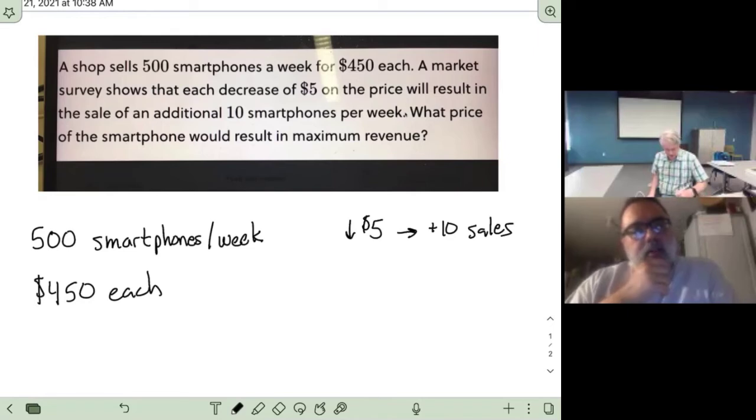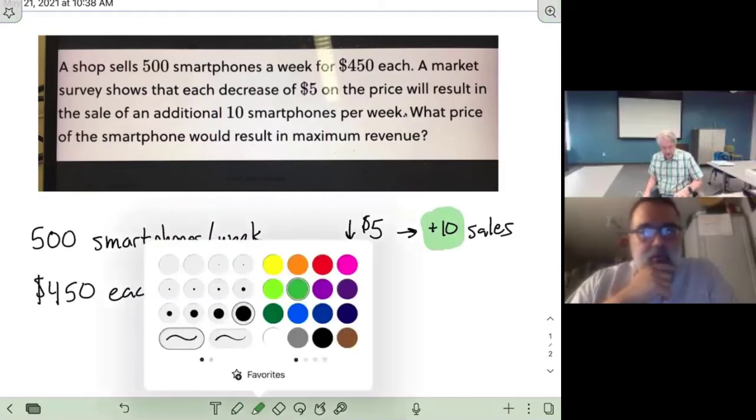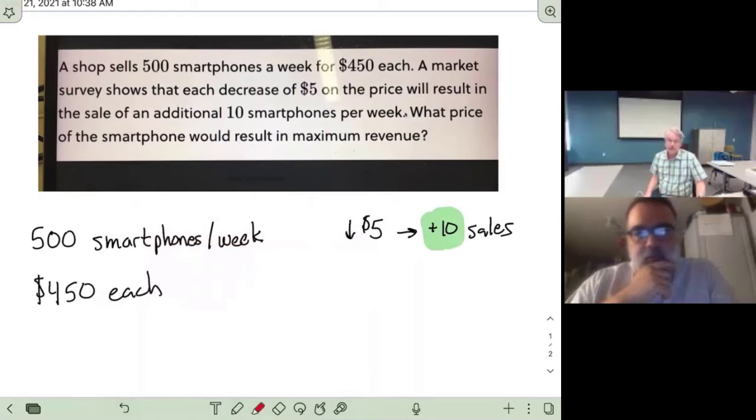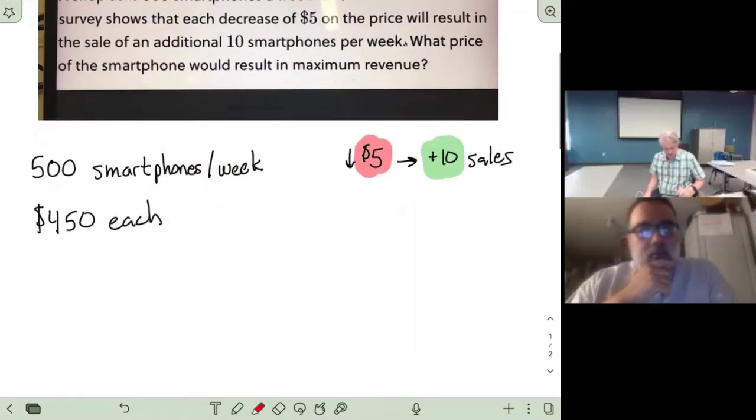And just intuitively thinking about this, the good part of reducing the price is that you sell more, but the bad part is that you lose $5 on each one. In some ways this is like a rectangle, if you think about it.